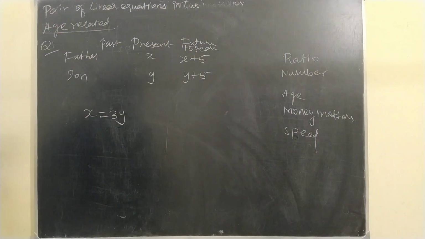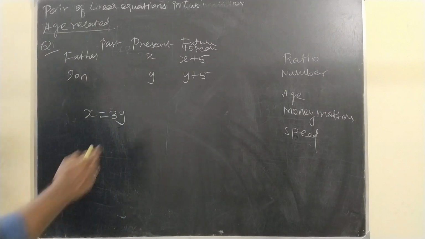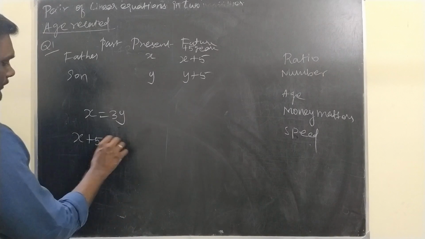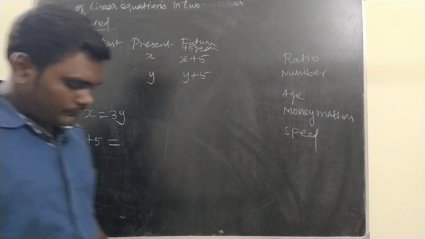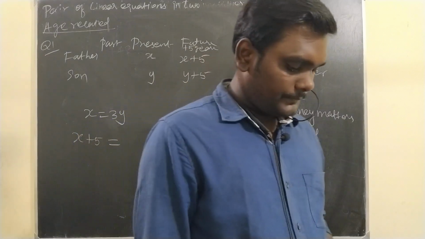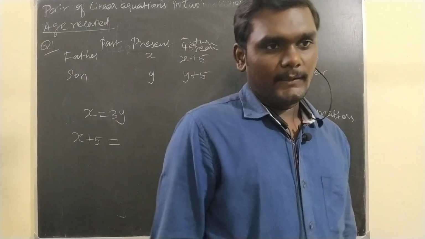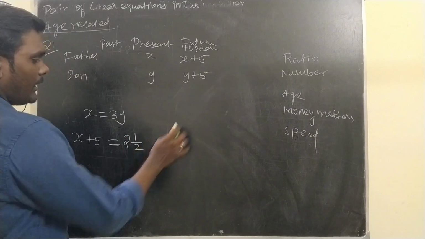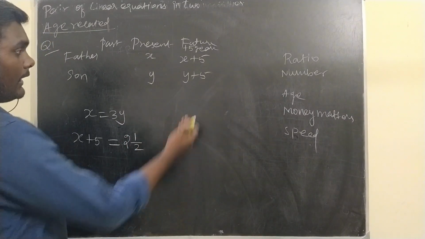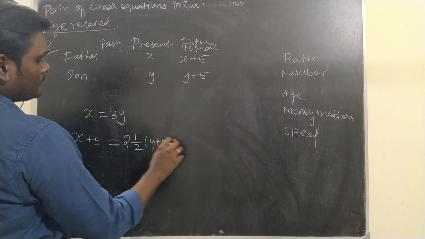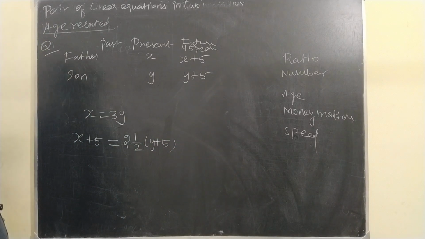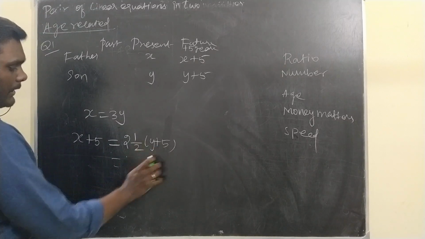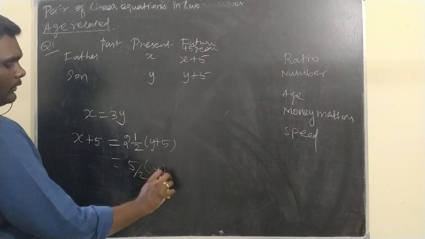After 5 years, his age, whose age? Father's. So his age, x plus 5, will be equal to 2.5 times as old as his son, that is 5 by 2 times y plus 5.